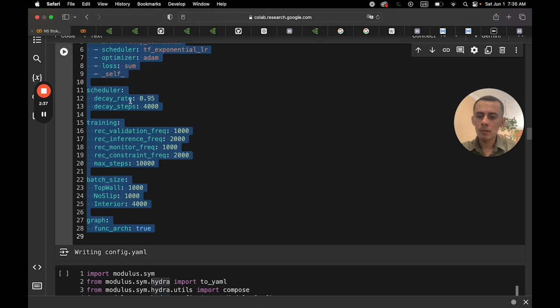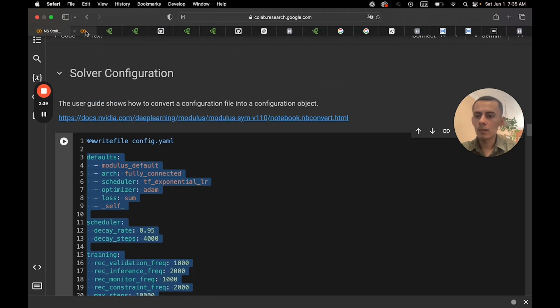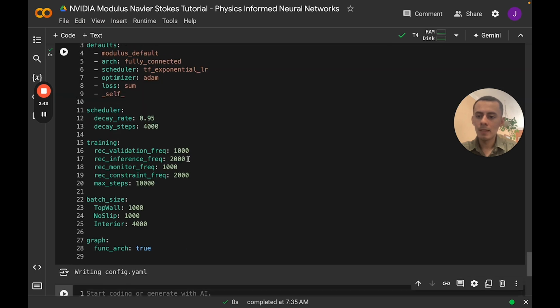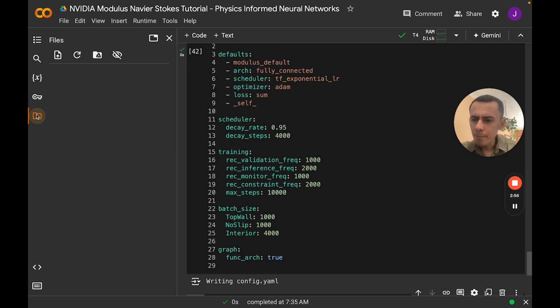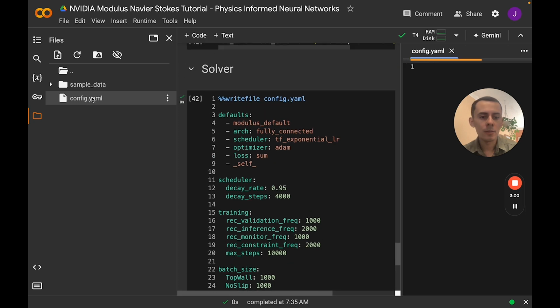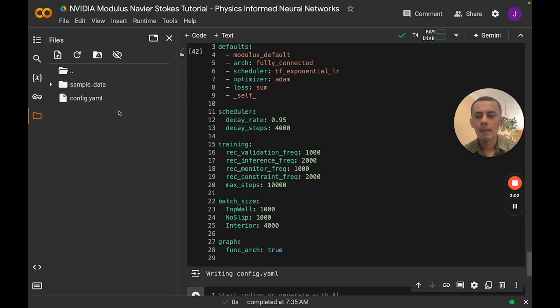What's the name I used? Config.yaml. There you go. Let's move this here. Okay. So you can see here our configuration file. You can double click on it and we have our configuration file.